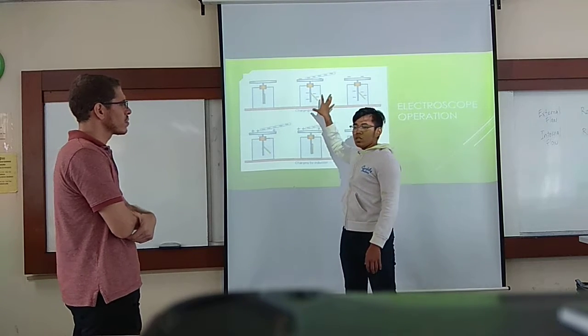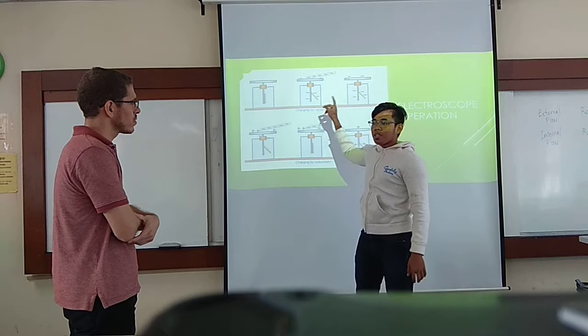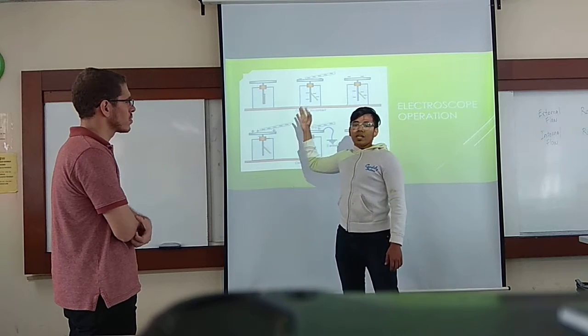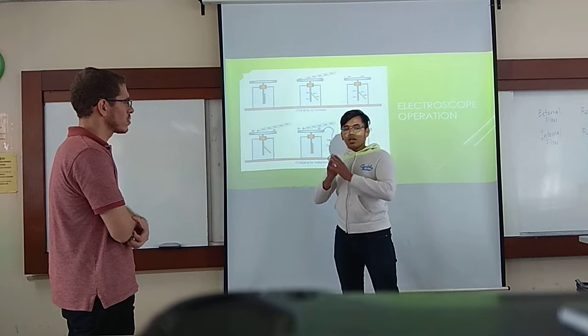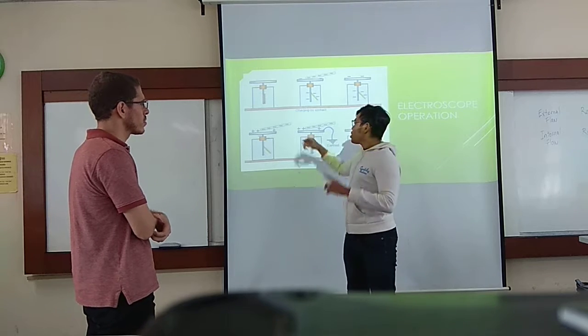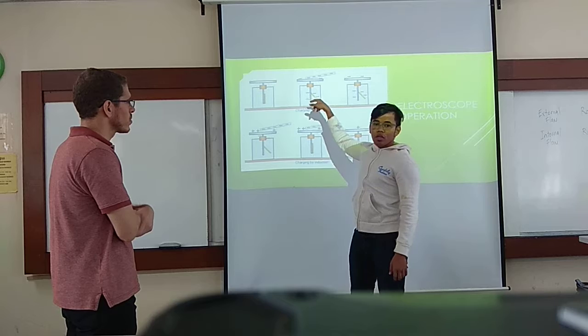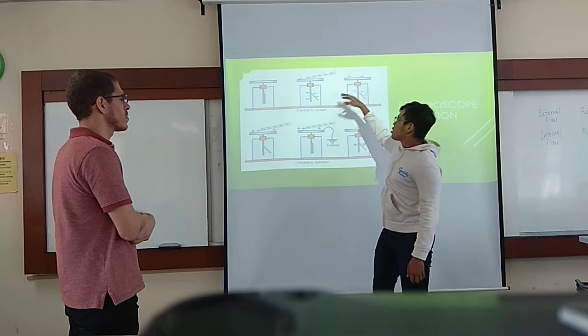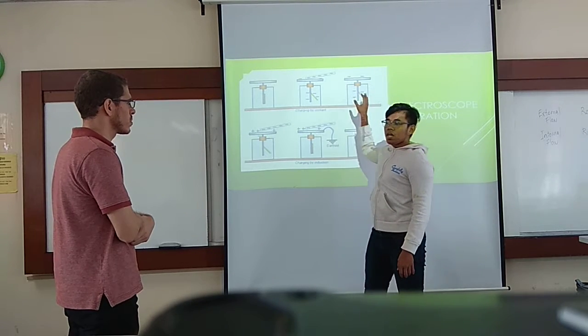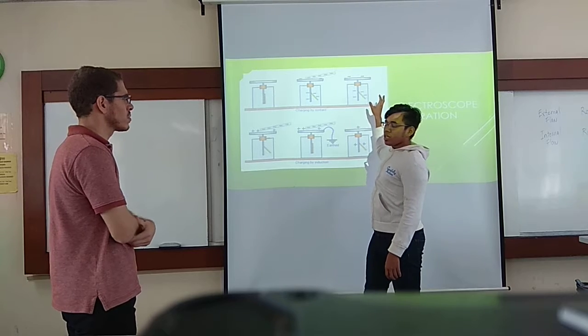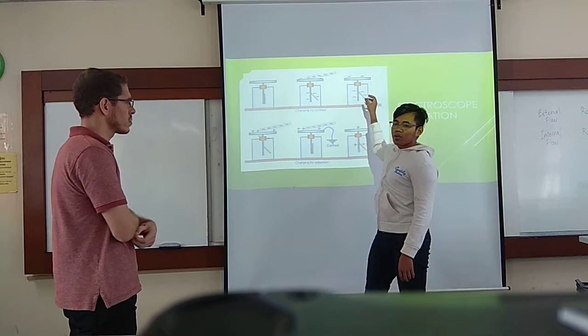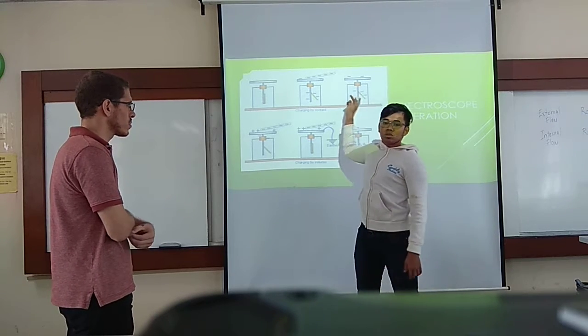From the introduction, we know it has the same properties as the magnetic field: when the same type of charge meets, it will repel, which can be shown by the gold leaf repelling from the pole.